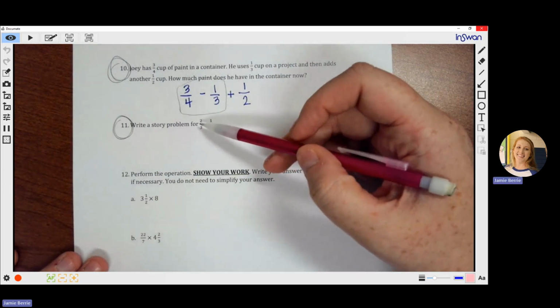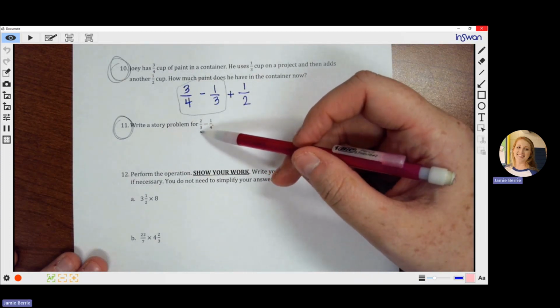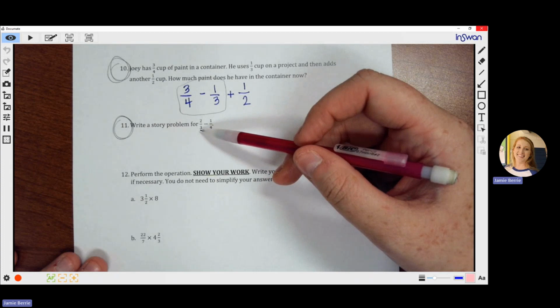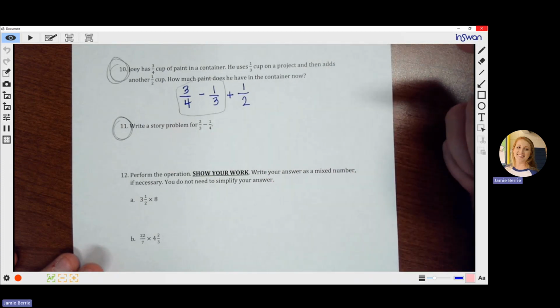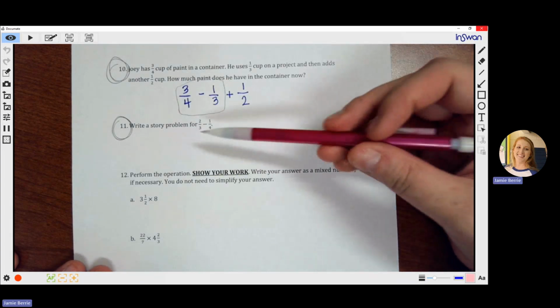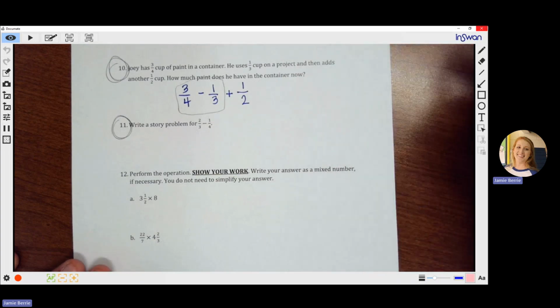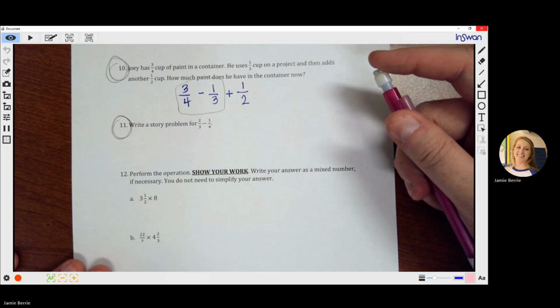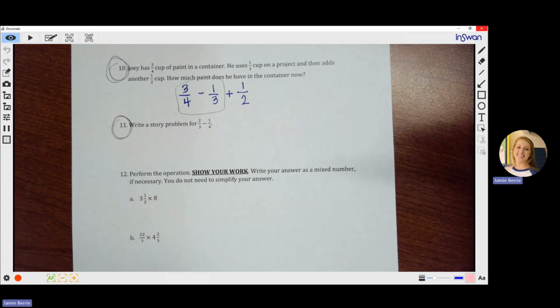One example is maybe my sister gives me 2/3 of a candy bar. All right, so 2/3 of a candy bar. And then I give 1/4 away to my brother. I give 1/4 of my piece away to my brother. How much candy bar do I have left?